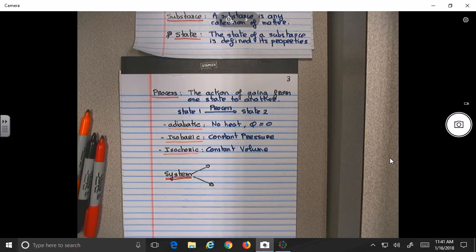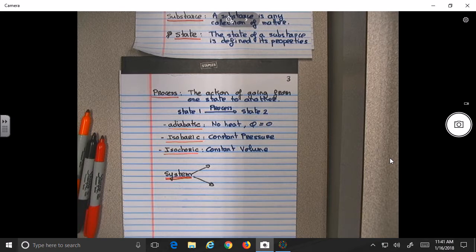What was the difference between conduction and convection? With convection, we said it relates to a medium that is moving, like a flow. If there is a flow, the mass is still constant, but there will be mass going into your system and mass coming out of your system.